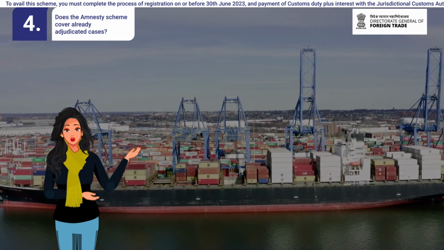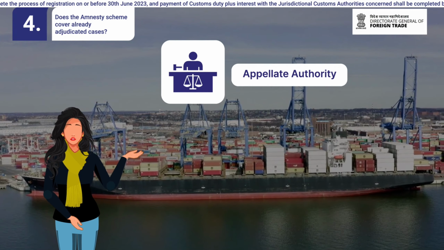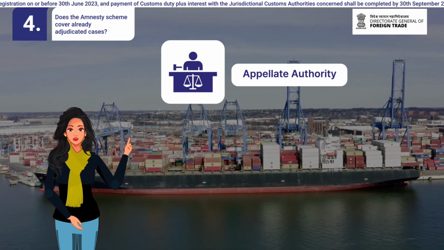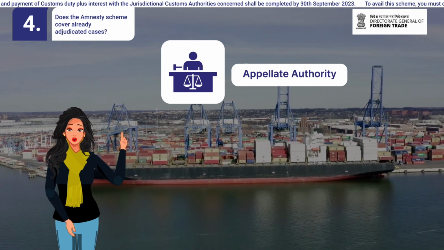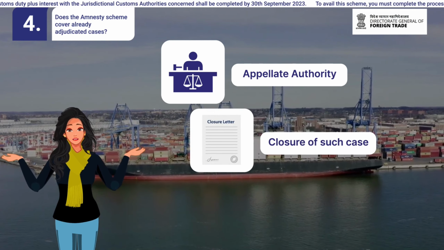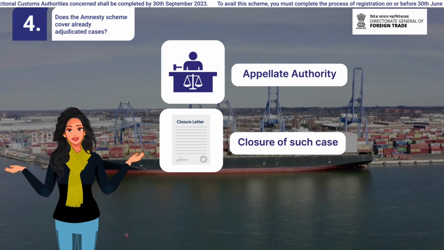In case an appeal has been filed, then this closure letter will have to be submitted to the appellate authority. On submission of such closure letter, the adjudicating authority or appellate authority will decide on closure of such case or appeal and will inform the same to the appellant and to the concerned RA.